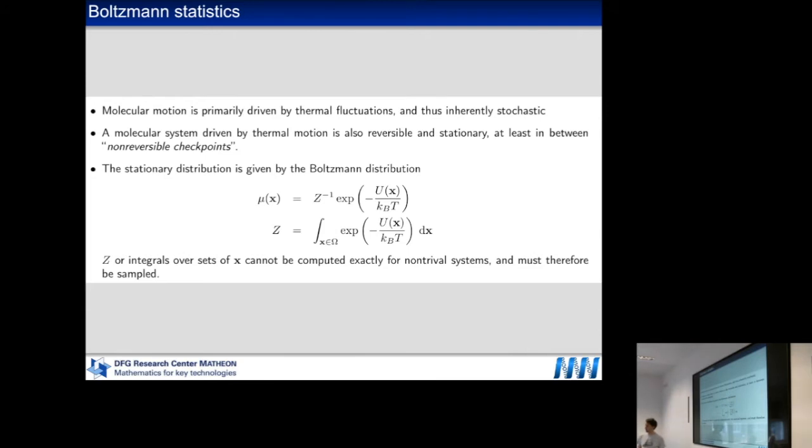And these trajectories take a long time to generate samples that are uncorrelated. In order to get two samples separated by some time, where you can say these are now two statistically independent samples of this distribution, you have to wait the longest equilibration time of the molecule.